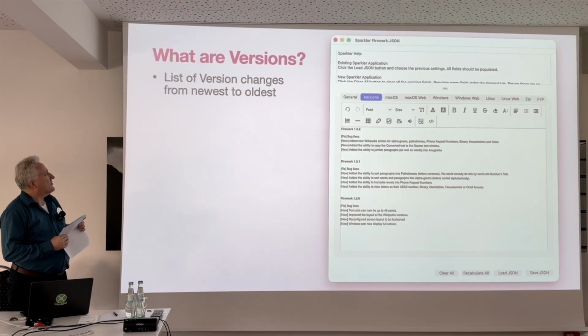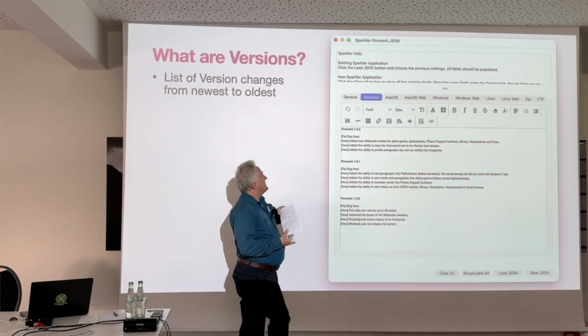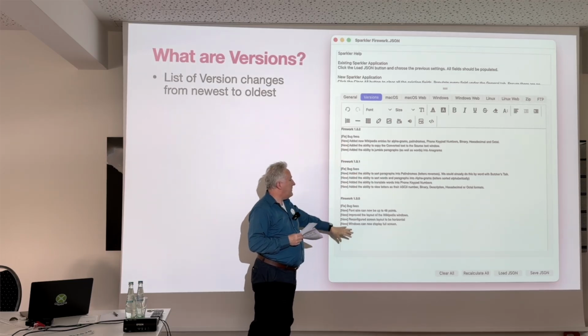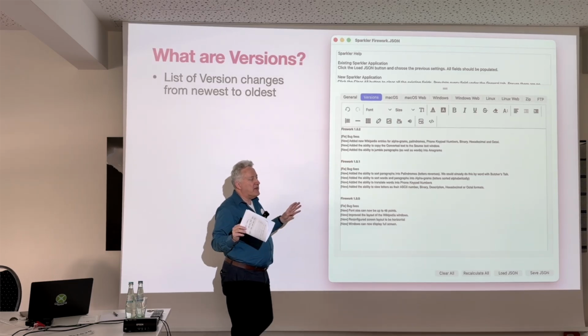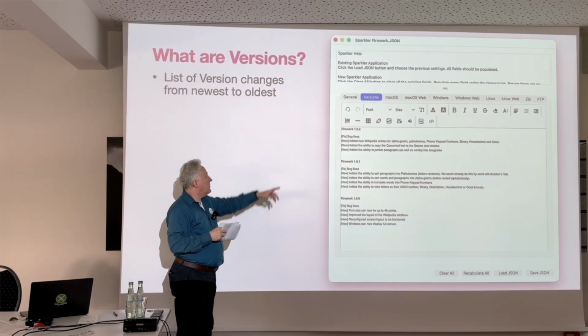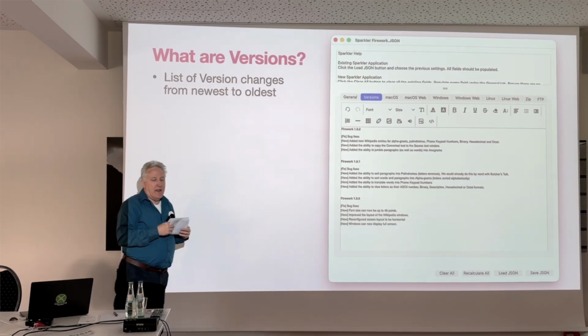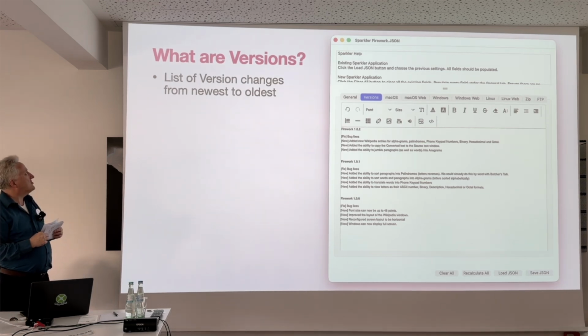So the next tab along, I'm not going to go through every tab. The next one is the versions tab here, and this is where we have the HTML editor. It's a graphical WYSIWYG one, so you can put as much or as little formatting into it as you want. You can see it's just got a bit of bolding in there, but basically you can make it as fancy or as plain as you wish.